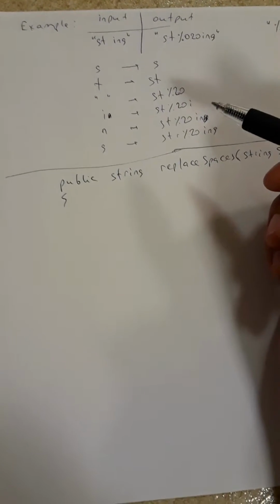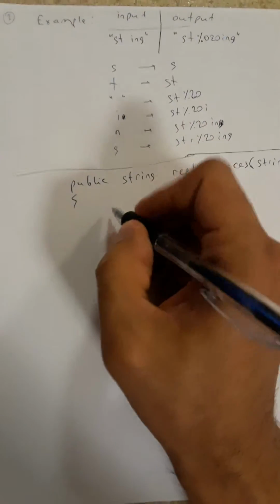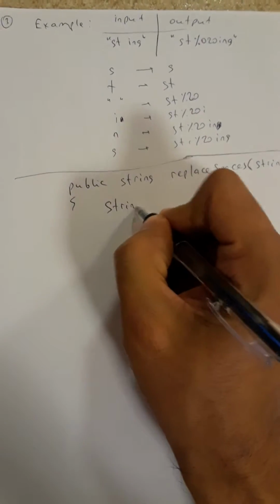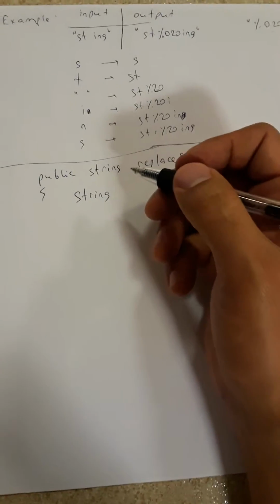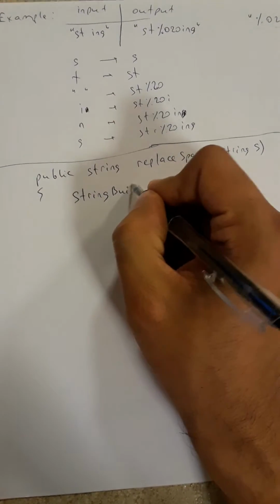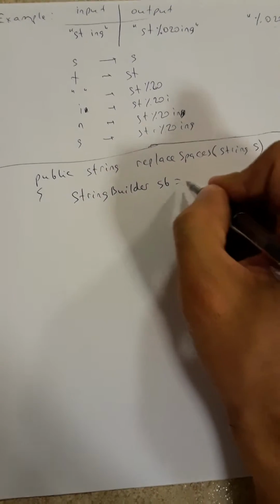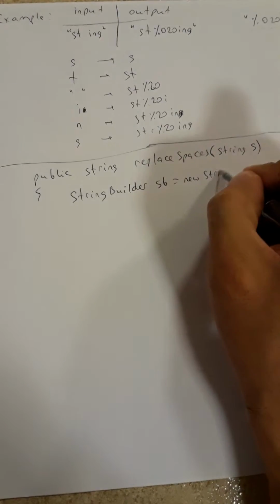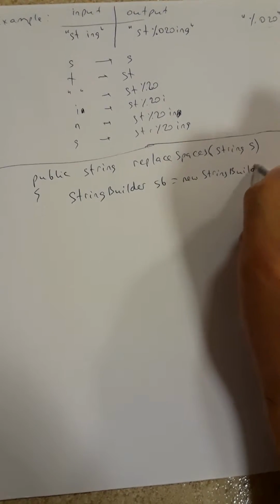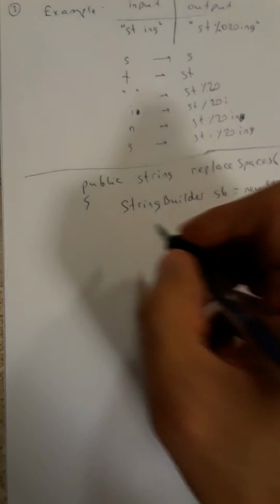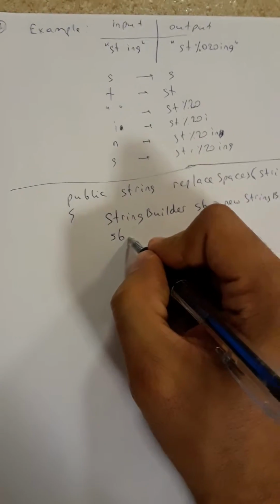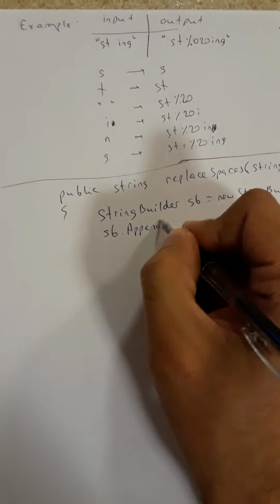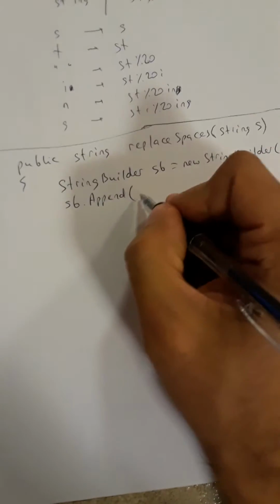Since string is immutable, in my function I will use a string builder just to modify my output string. And my first character from the input string will directly be appended to this string builder.